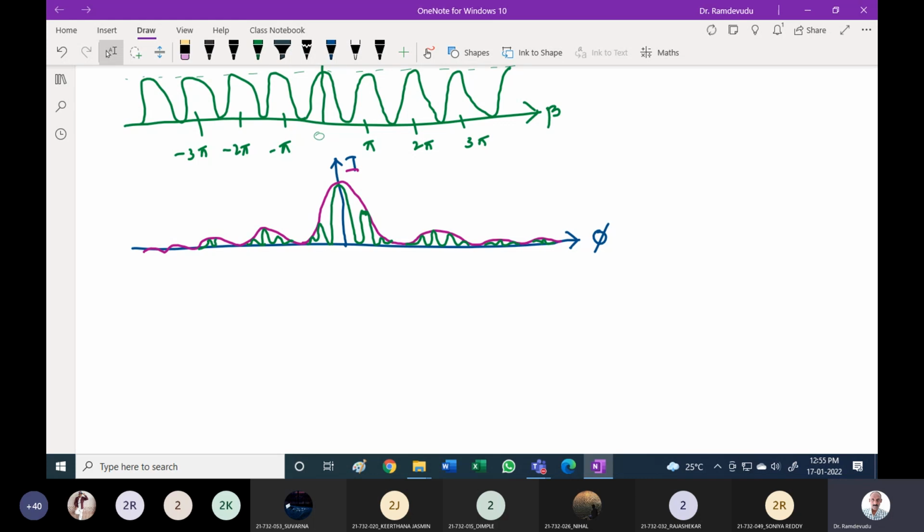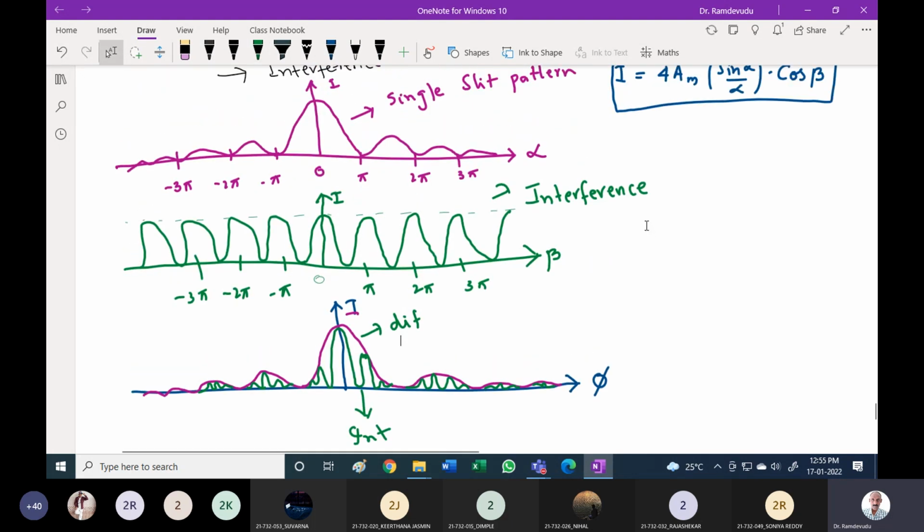Okay, we have interference patterns like this. So this is the interference pattern and this is the diffraction pattern due to single slit, and together this is because of double slit. That means within the central maxima, we have alternate maxima and minima of interference, and within the secondary maxima, we have alternate dark and bright fringes.